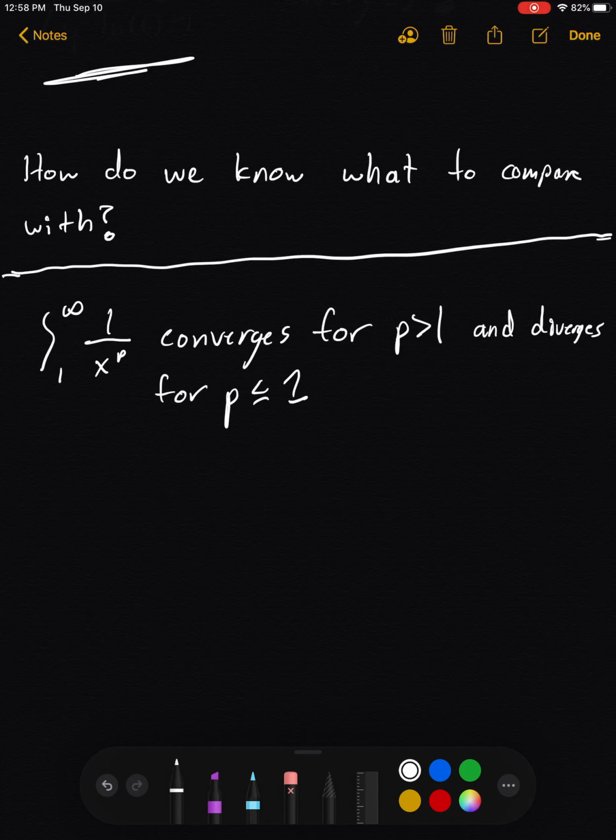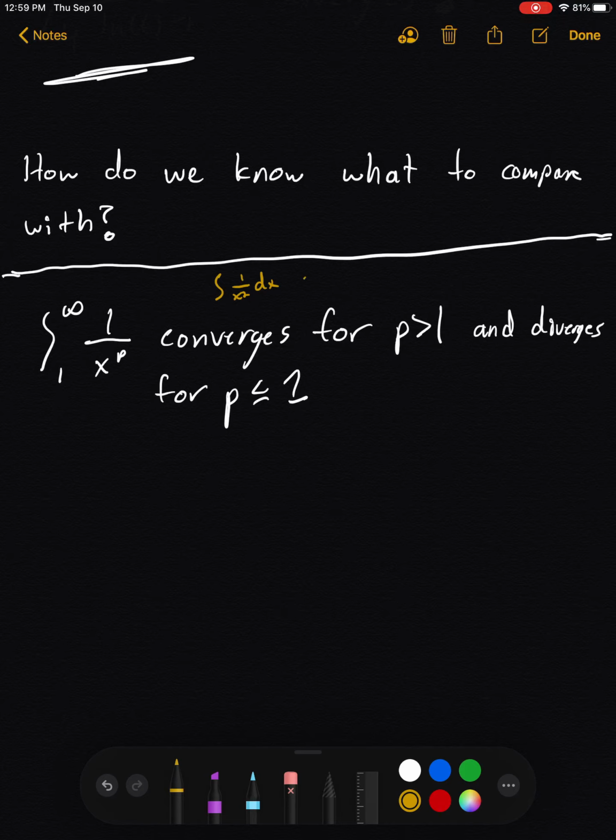So this function here that I just wrote down, when p is greater than 1, what happens is that the denominator becomes like x squared, x cubed. And so when I think about plugging infinity into it, since the antiderivative will still have a negative exponent, let's say real quick that it's the integral of 1 over x squared, right?